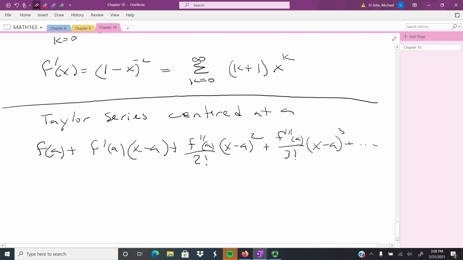That's a Taylor series. The other one is a Maclaurin series, and a Maclaurin series is a Taylor series centered at 0.